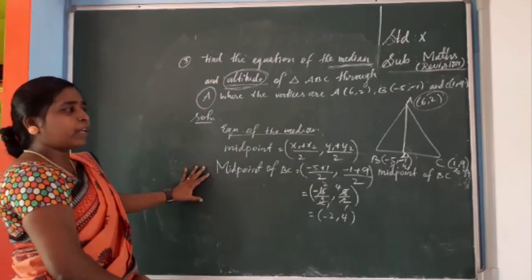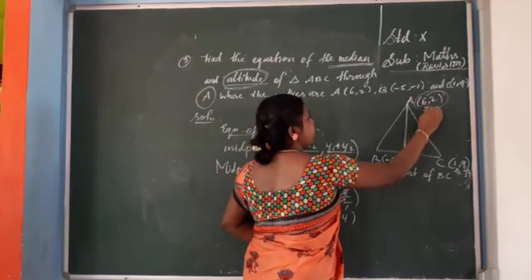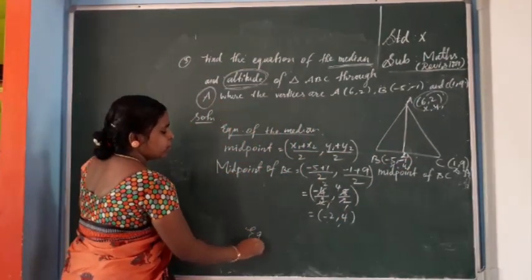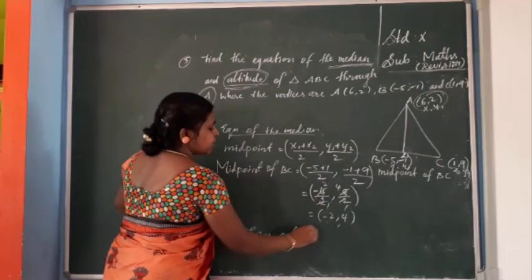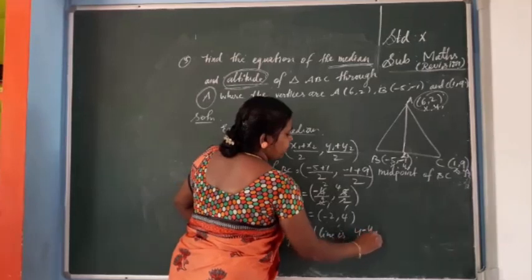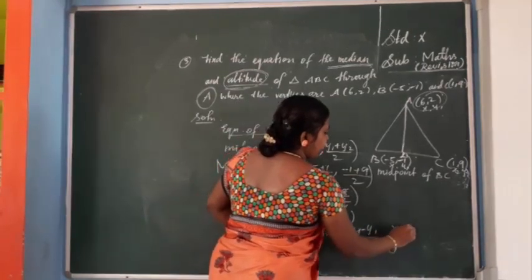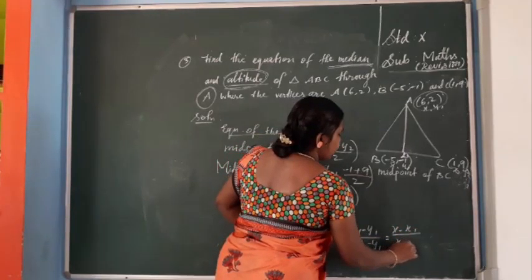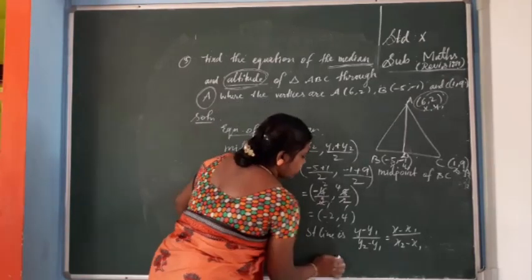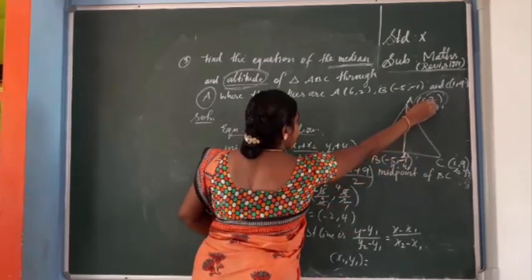Minus 2 comma 4. This is the midpoint. Next, one more point is there. This is x1 y1. This is x2 y2. We want to find the equation. So the equation of a straight line is the formula y minus y1 by y2 minus y1 equal to x minus x1 by x2 minus x1. Now you substitute here. First you write x1 comma y1 equal to 6 comma 2.